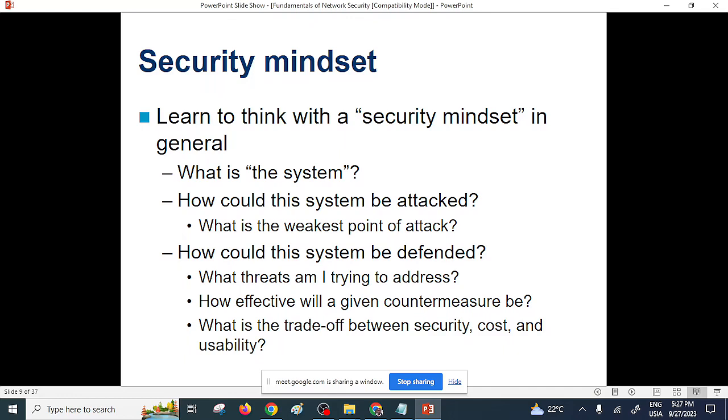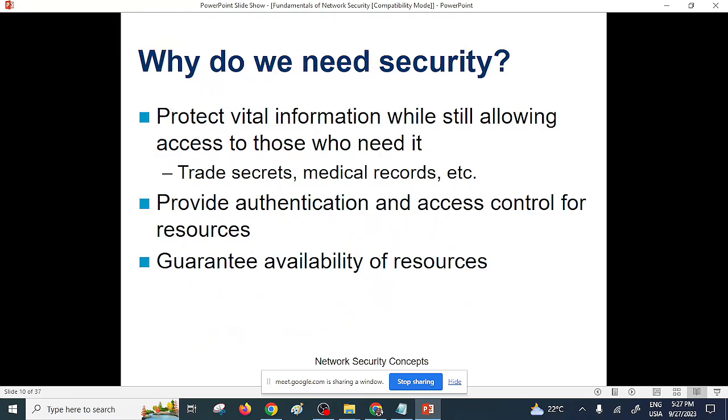When we talk about system, maybe you have to pinpoint exactly what the system is. What is the weakest point? Even if you're a good network administrator, the weakest point is always the user. If they're not properly trained, then they can be the source of attack, right? And of course, how can we reinforce these particular loopholes?